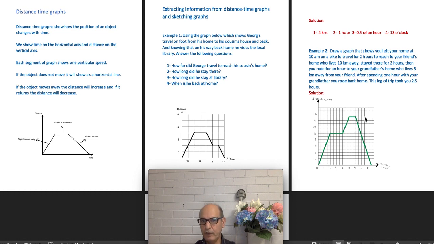So you move 5 divisions to the right, and also show a 0 distance, so that point. So this point represents the end of your trip, and connect this together with a straight line.